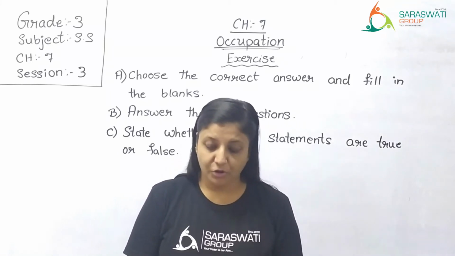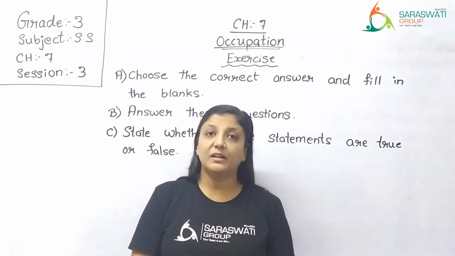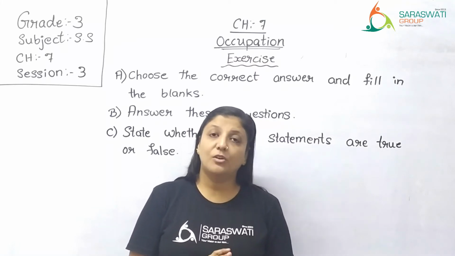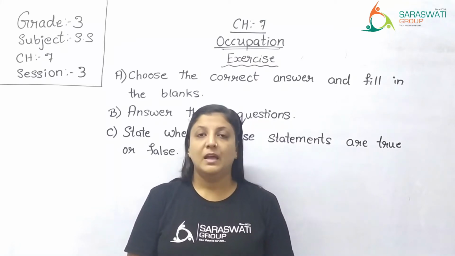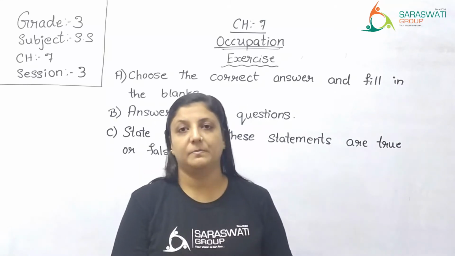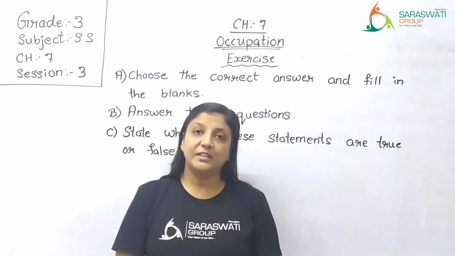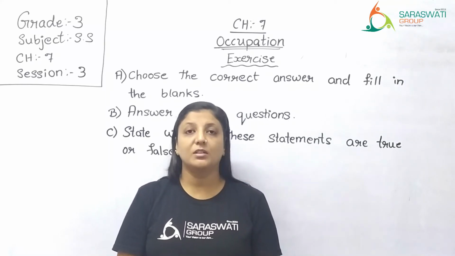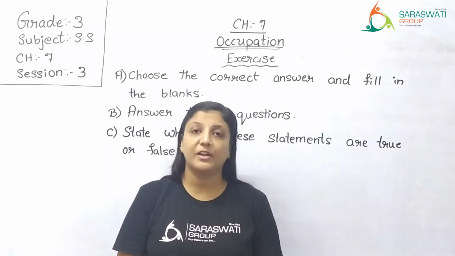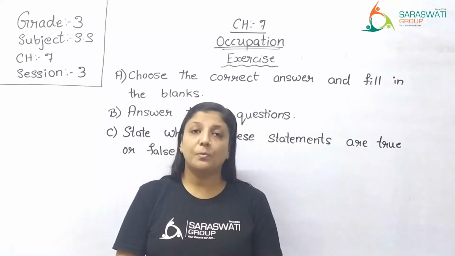Now, occupations in villages are, first of all, agriculture. They grow crops, and the extra crops that are grown, they sell to the market. So that is their occupation. Another main occupation in villages is animal rearing. Animal rearing means domesticating animals.